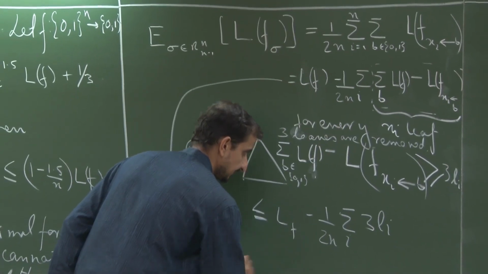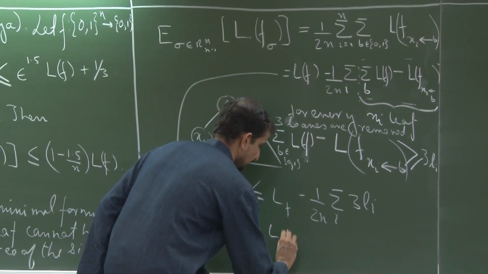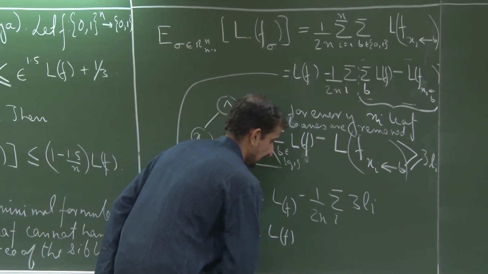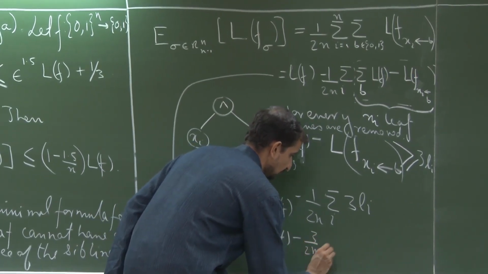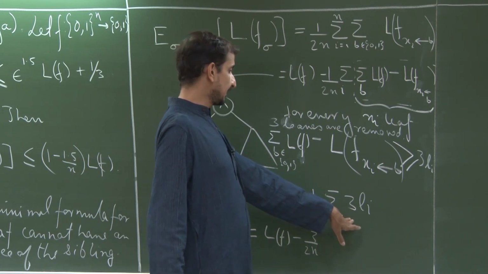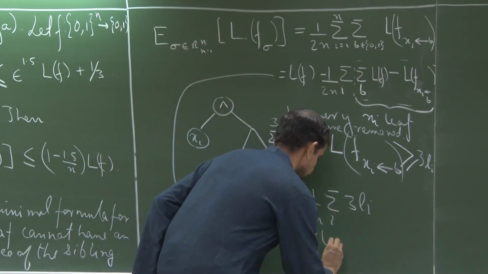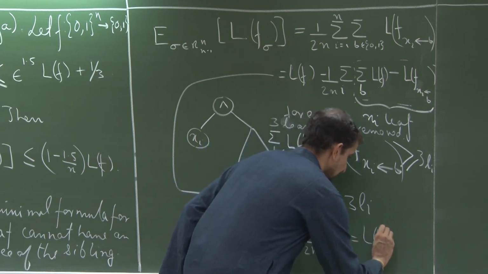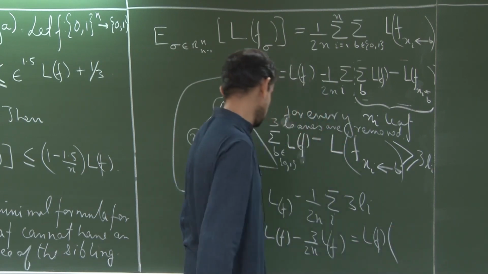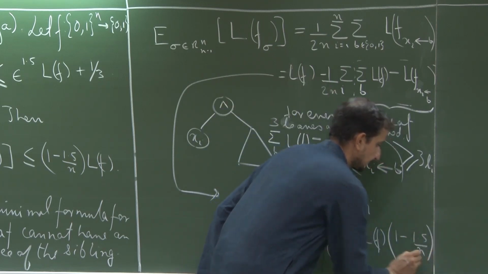So, this I can write as equal to L of f minus 3 over 2n, and sigma Li is nothing but L of f. So, this is equal to L of f times (1 minus 1.5 by n).